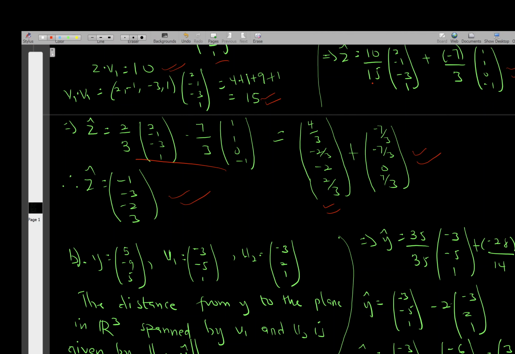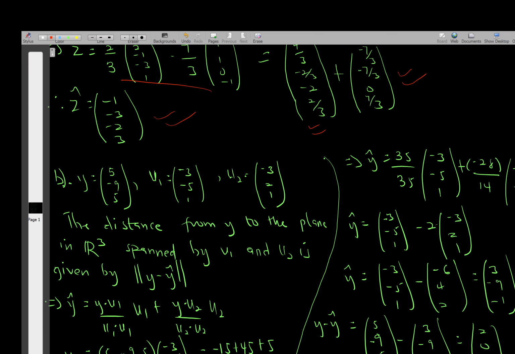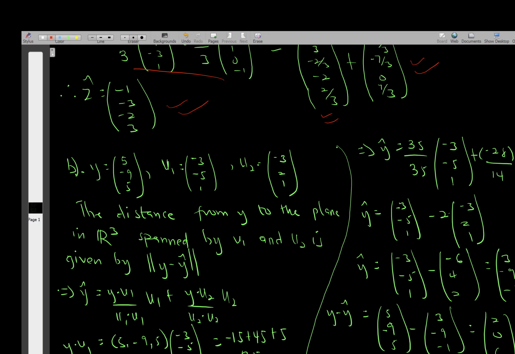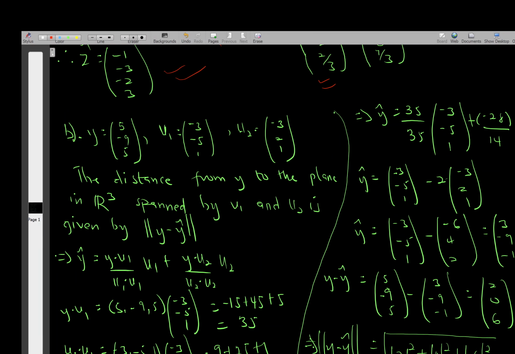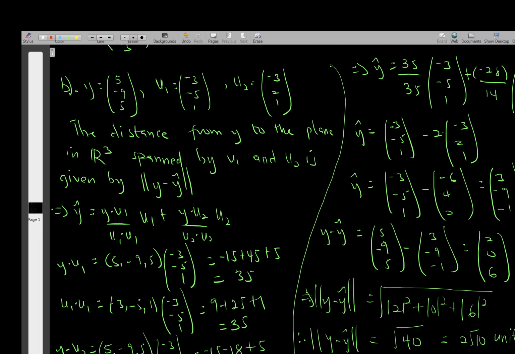Now let's move on to the second part of the question. We were given y to be 5, minus 9, 5, u1 is minus 3, minus 5, 1, and u2 to be minus 3, 2, 1. We are told to find the distance from y to the plane in R3 spanned by u1 and u2.